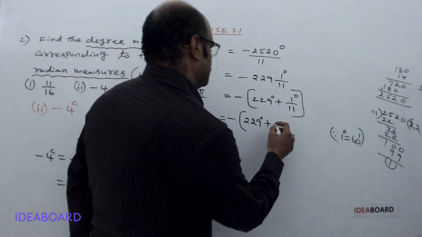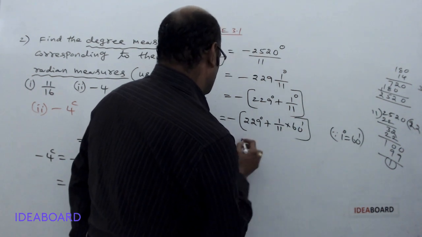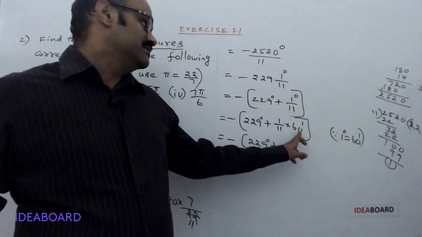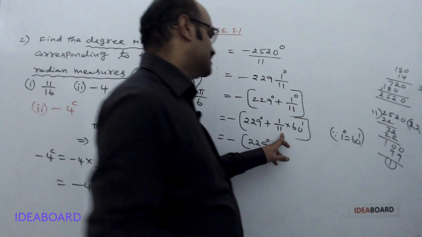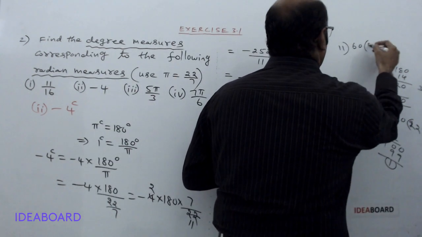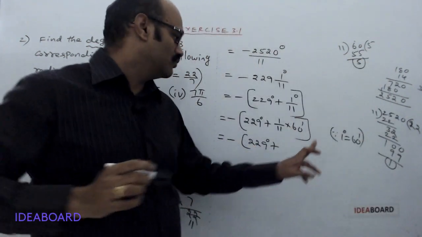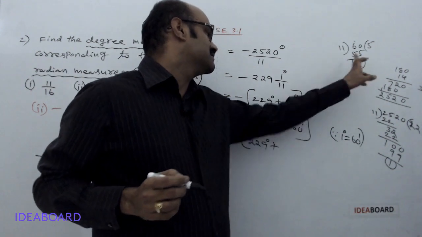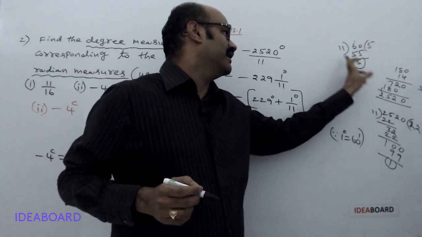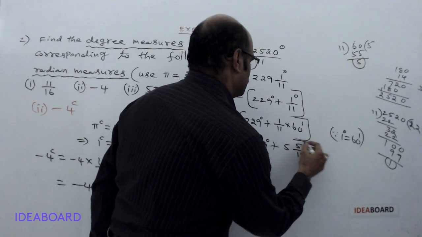So we write it as minus of 229 degrees plus 60 by 11 minutes. Divide 60 by 11. 11 5s are 55, so the remainder is 5. So 60 by 11 minutes equals 5 5 by 11 minutes.